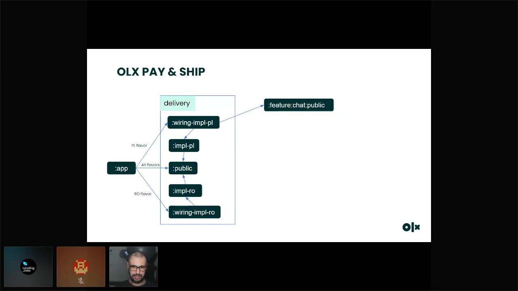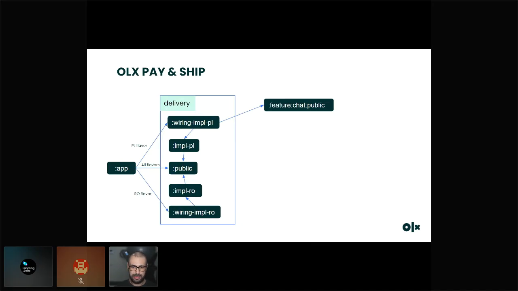And since this feature also has its own implementation, as you can see here, implementation PL or implementation Romania. But also we are creating a third model that acts as the wiring between the implementation and the contract, the interface.